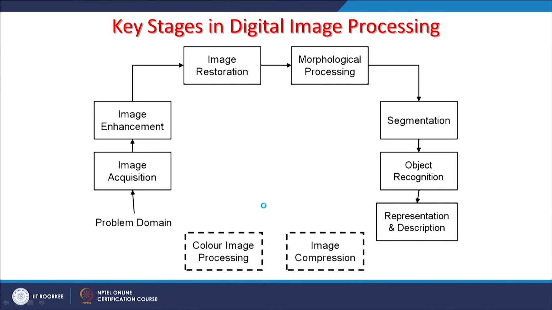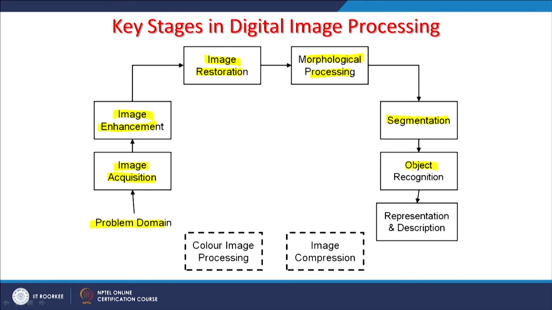Now, what are the different stages of digital image processing that we will go through? So, first is this problem domain, and then image acquisition. Once the image has been acquired, maybe the first level of processing, image enhancement is done, image restoration is done, morphological processing is done. There might be segmentation of images, that is sometimes also required.